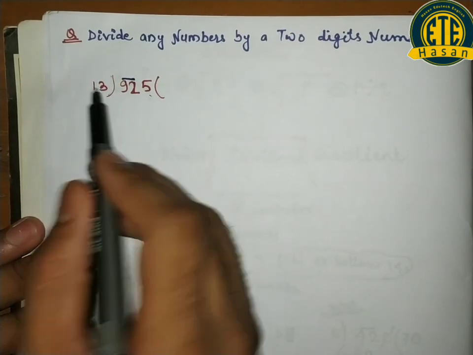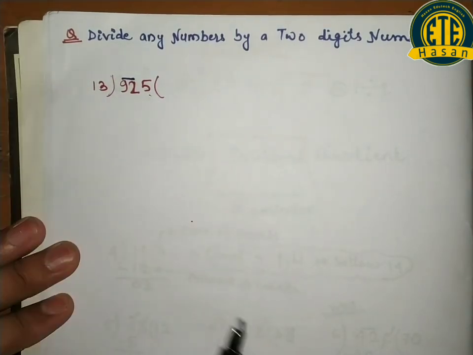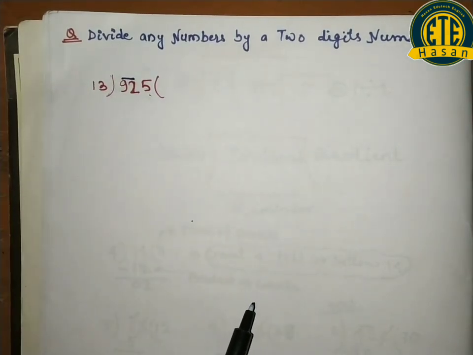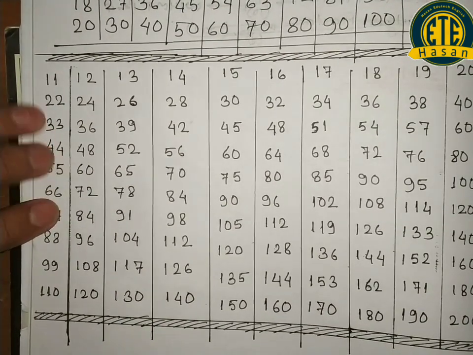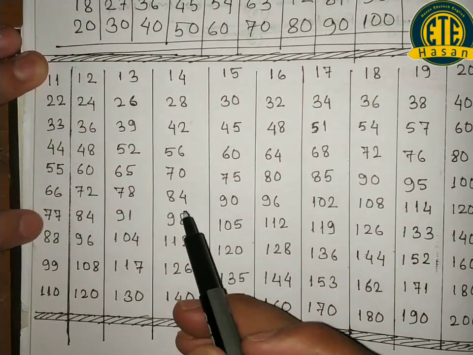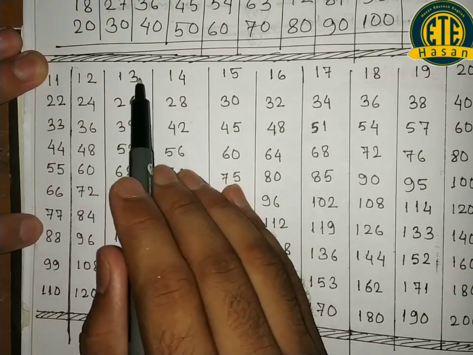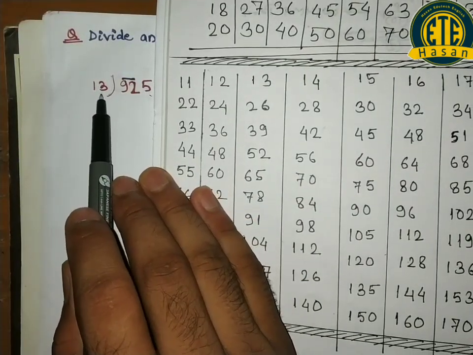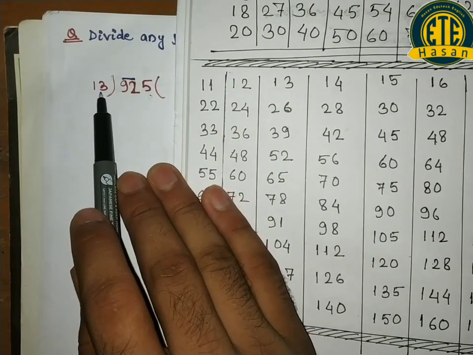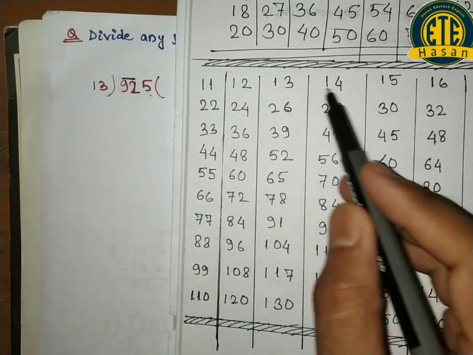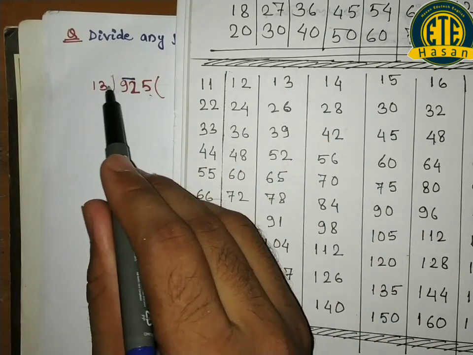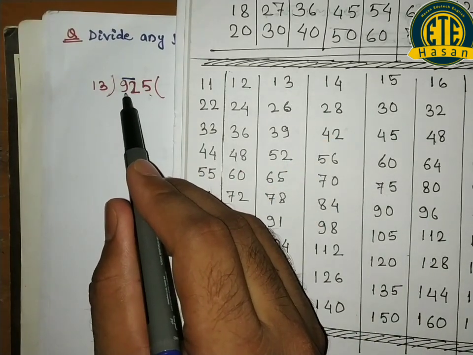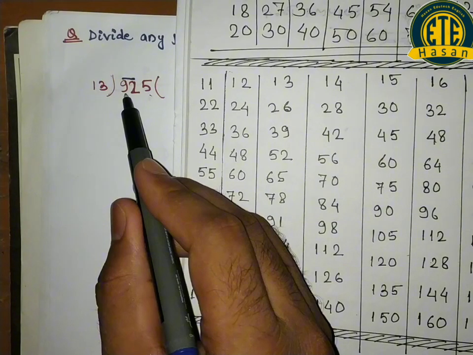I will count 13 up to 92 or below 92. So here is the table. I will teach you how this table works for division. Here we have to divide by 13, so the 13 table is here, and we have to count till 92 or below 92.